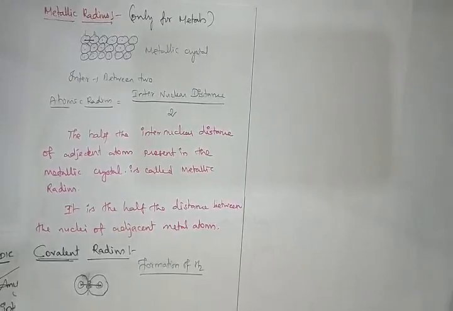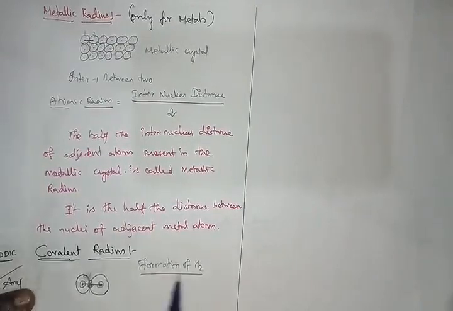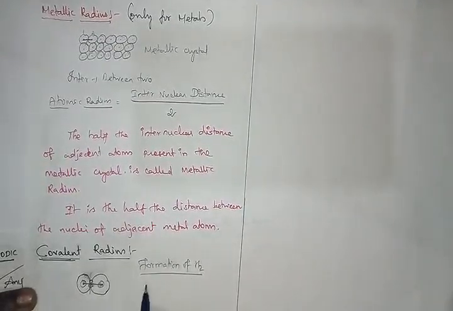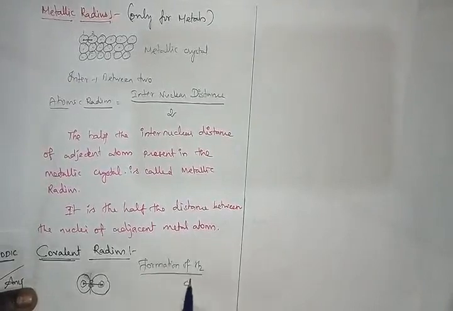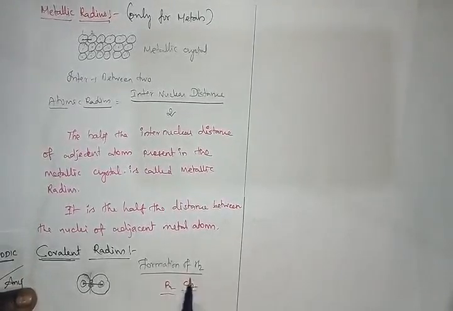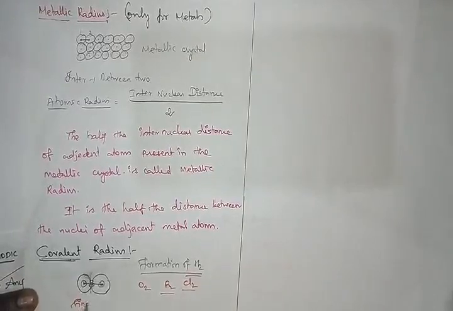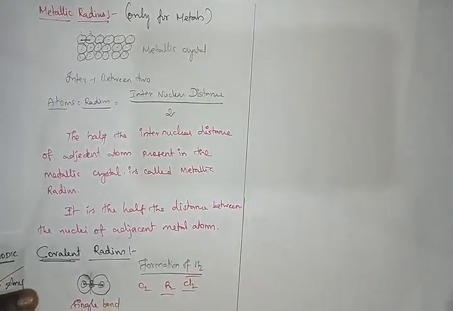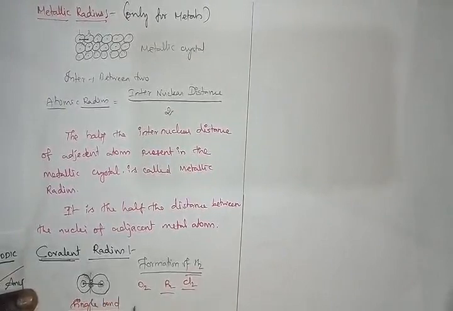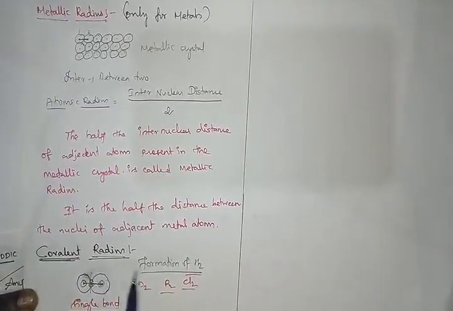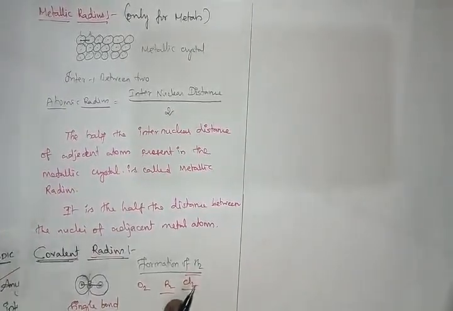So it is again the internuclear distance. Let us write the definition. This is what happens in the formation of hydrogen or chlorine molecules. Chlorine, fluorine, even oxygen, but we normally take a single bond. Between a single bond, the distance between the atoms is what we consider as the covalent radius. Understand?